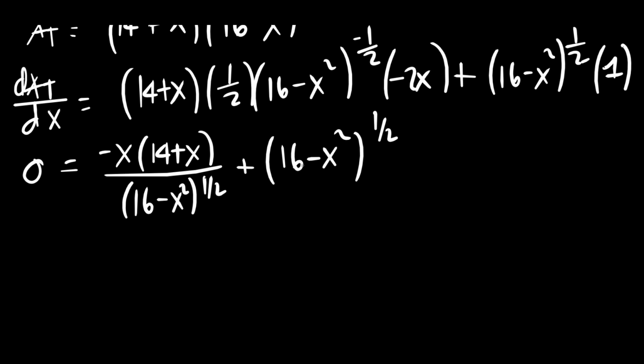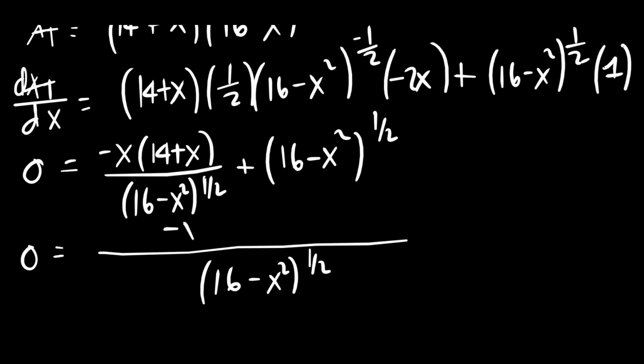So we'll combine these two. So we have 0 is equal to negative x multiplied by 14 plus x plus 16 minus x squared.